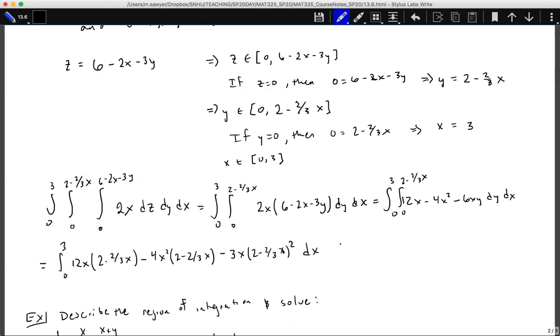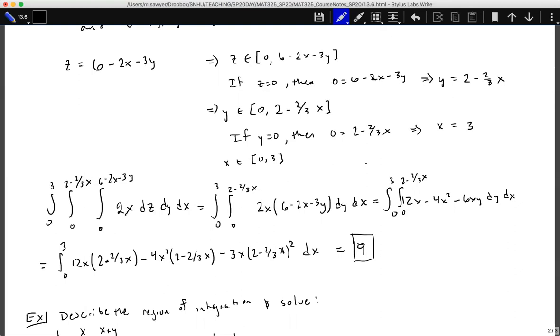We can simplify this out and then do the integral and solve that, and we get a value of 9. So this is the hypervolume of the temperature of that surface along that plane, given that the temperature is equal to 2x on that surface.